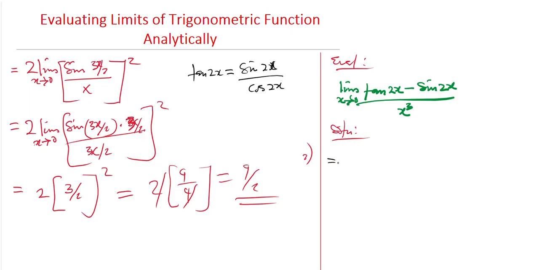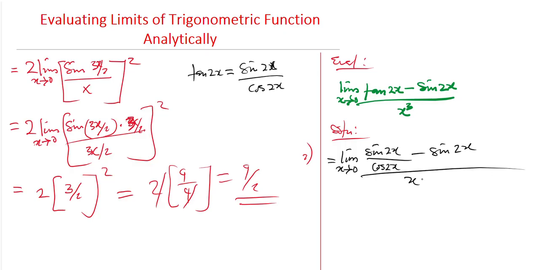We are going to have the limit as x approaches 0 of sine 2x all over cos 2x minus sine 2x, everything all over x raised to the power of 3.